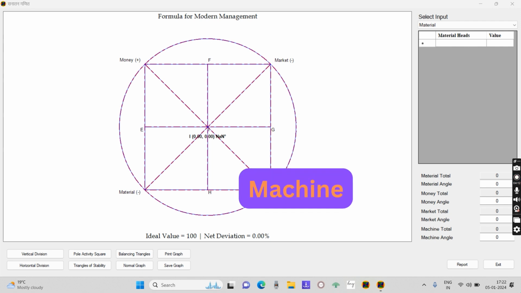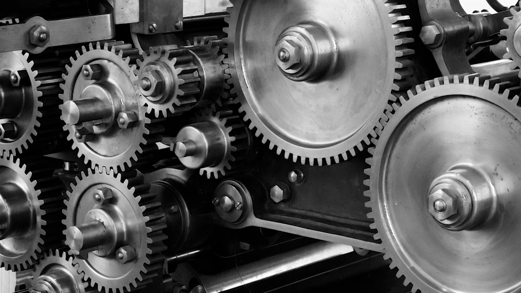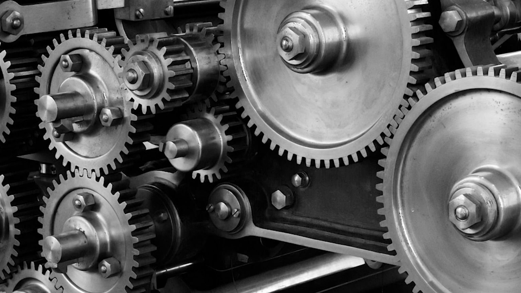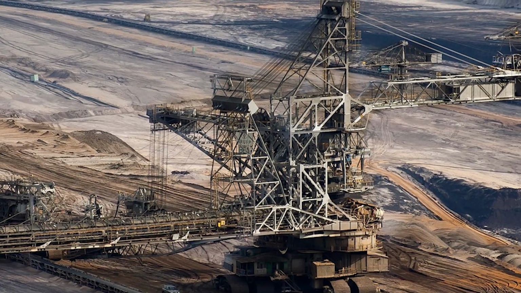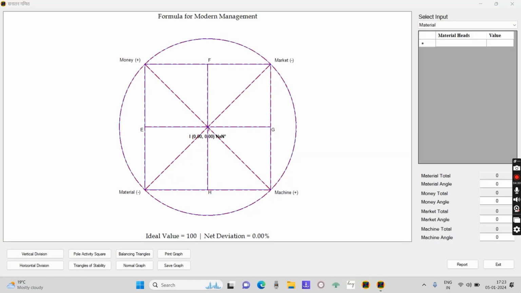So material is the first M. The second M is machine, and machine adds value to the material consumed. As a result, the product gets value added and is now ready for being marketed.